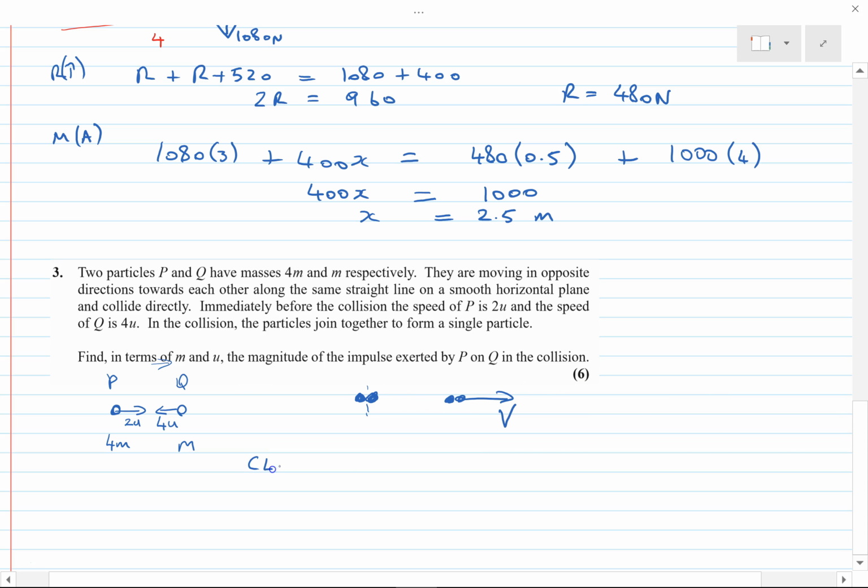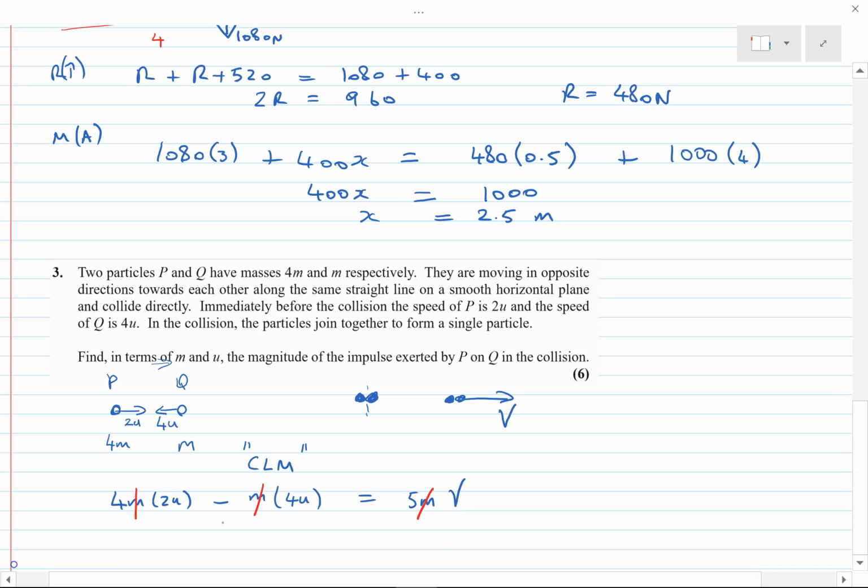So let's apply the conservation of linear momentum equation. Mass times velocity, so it's 4m times 2u minus, because it's going in the opposite direction, m times 4u is equal to, now of course if these join together we can regard that as a single particle of mass 5m times v.